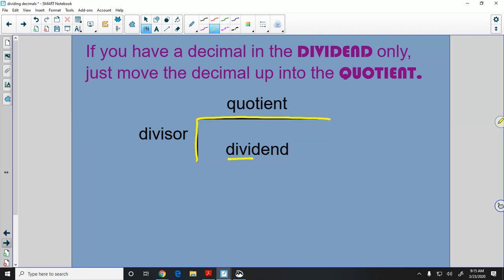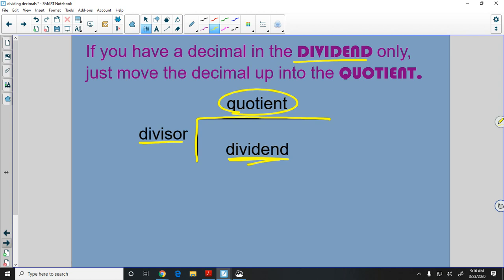The dividend, the first number in our problem, is the dividend. The second number, what's being divided by, is the divisor. And the answer is the quotient. So here it says if you have a decimal in the dividend only, meaning it's under the house, you just move the decimal up into the quotient.